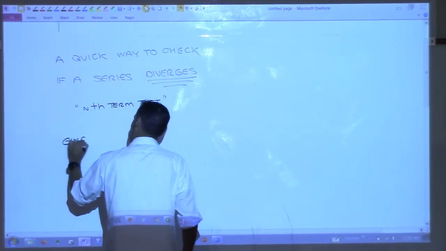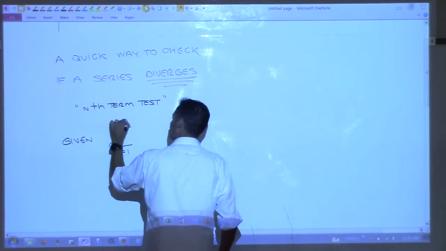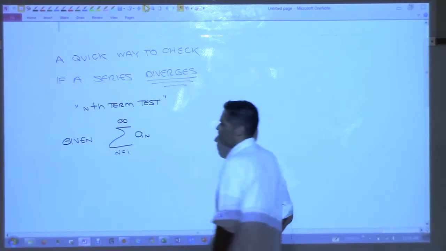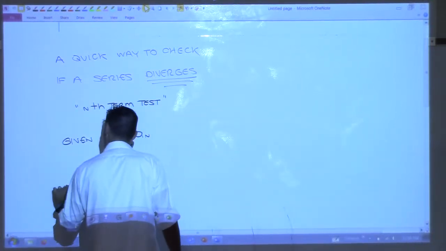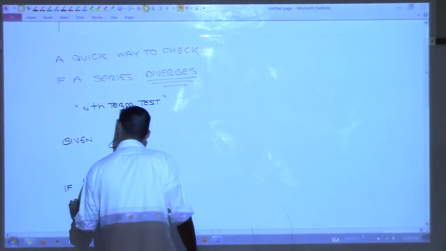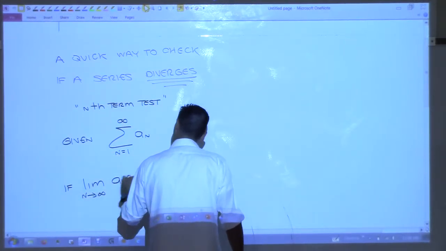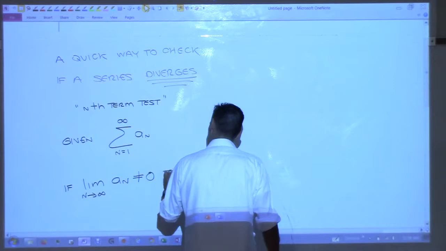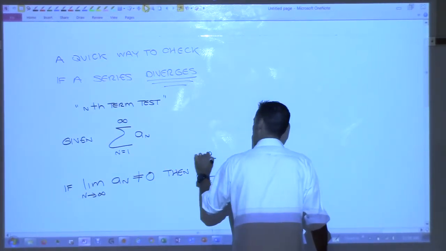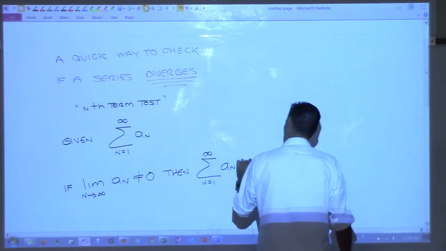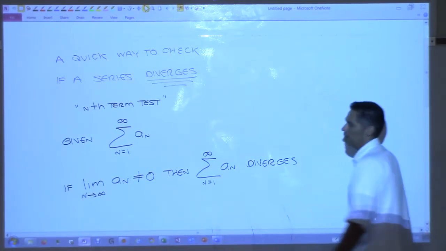If you're given an infinite series, if the limit as n goes to infinity of a sub n is not equal to 0, then the series diverges. Okay.